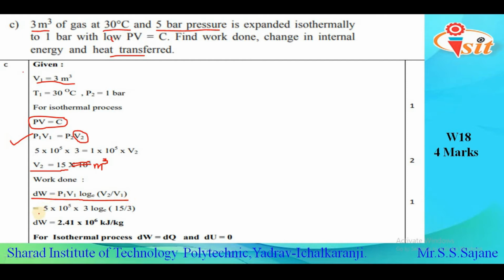We have P1 as 5 into 10 raised to 5, V1 that is given as 3 meter cube, and the logarithmic ratio of V2 by V1, that is 15 divided by 3. So after calculation you will get this value equal to about 2.41 into 10 raised to 6 kilojoule per kg. So this is the value of work done.